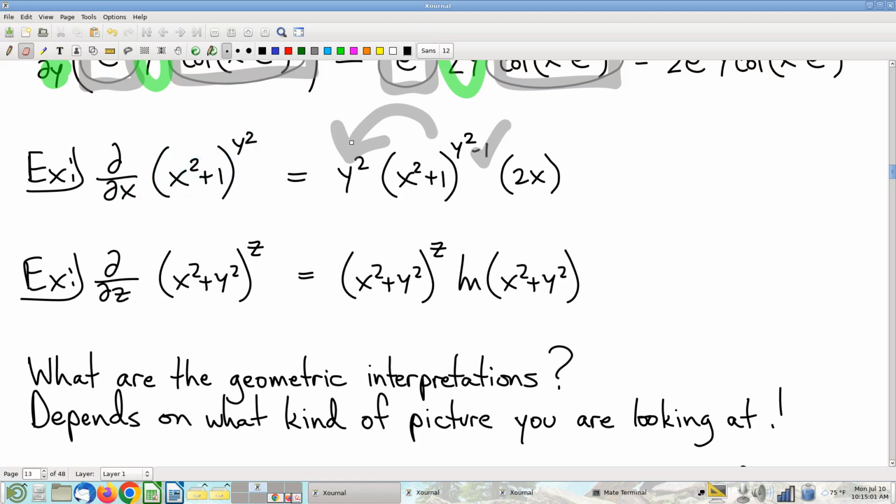Okay, let's do another one. Let's take the z partial of this expression right here. There's a z, but keep in mind, not being z, x and y are constant. That means all of this is constant. So again, now at a glance, it looks like function to the power of a function, but it's not. This is constant to the power of z.